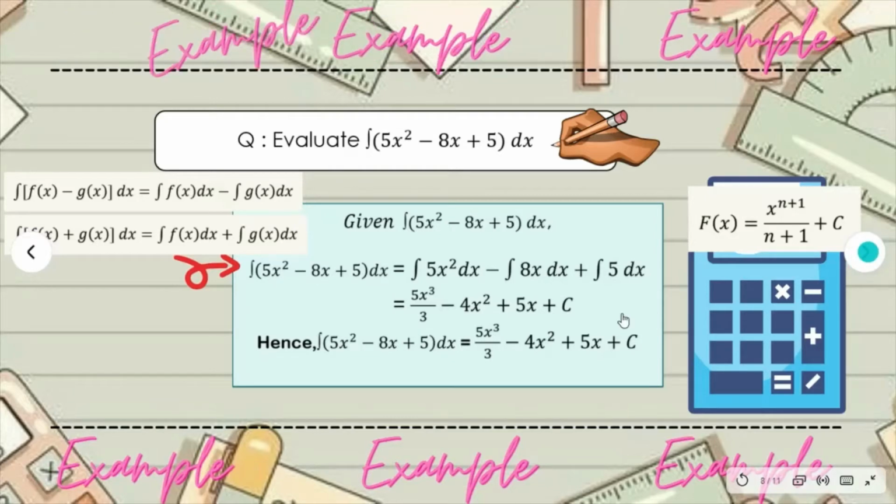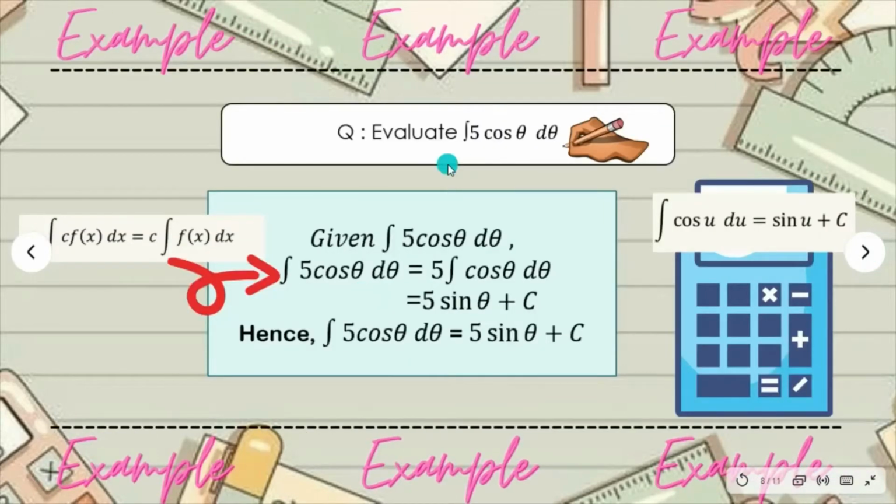For the second example, evaluate the integral of 5 cos theta with respect to theta. So here we will use the first property, where the constant in front of the function, we will put it outside of the integral.